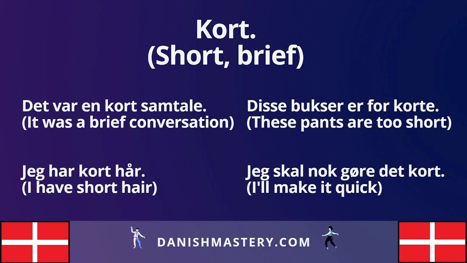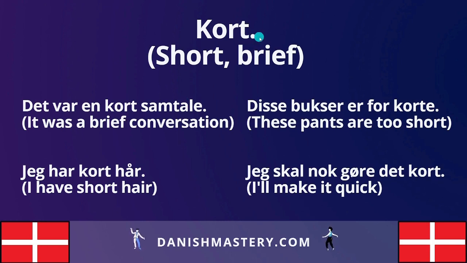Yeah. Nice. And then you got this one. Jeg har kort hår. I have short hair. Oh yeah, I should have told you guys that kort is one of those adjectives that always will have a T. You cannot take out the T, it's impossible.